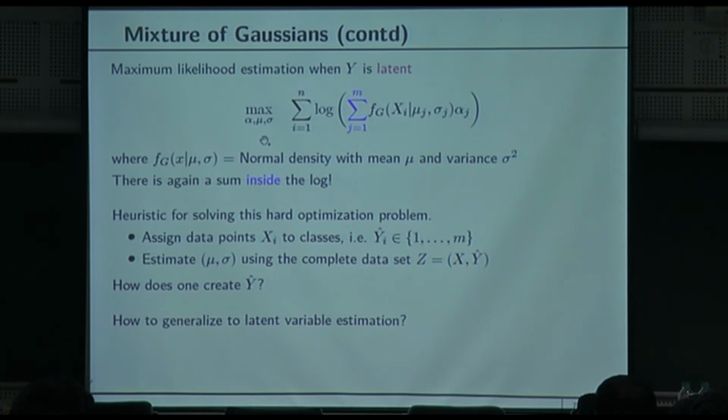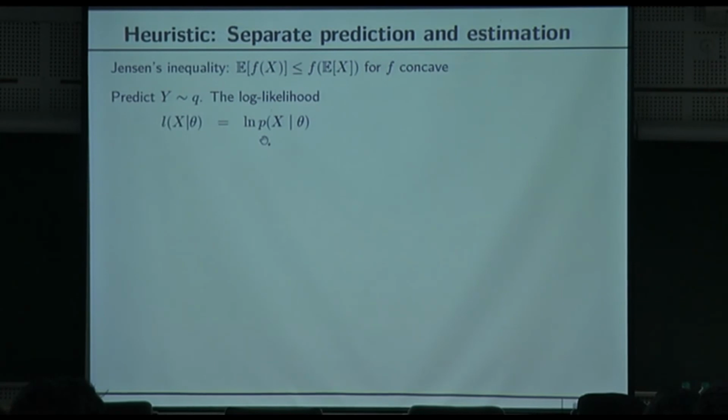That's a bit of a problem. Or I can focus on alpha, then I don't know how to incorporate this other part. So I've got a problem where I can't incorporate both of them, and I will try to figure out what to do. And then of course, at the end of the day, these are all baby examples. What I'm trying to get at is, how do I generalize this to latent variable estimation? Okay? All right.